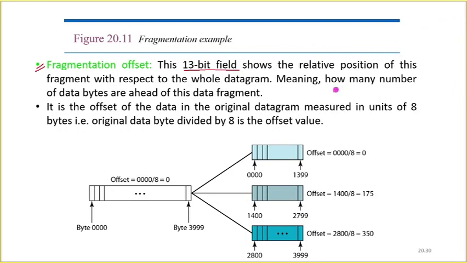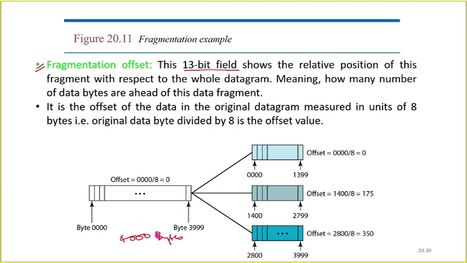We will take an example here. The offset is the offset of the data in the original datagram, measured in units of 8 bytes. Its meaning is that the original data byte position divided by 8 is the offset value. Suppose a packet has a total of 4000 bytes.